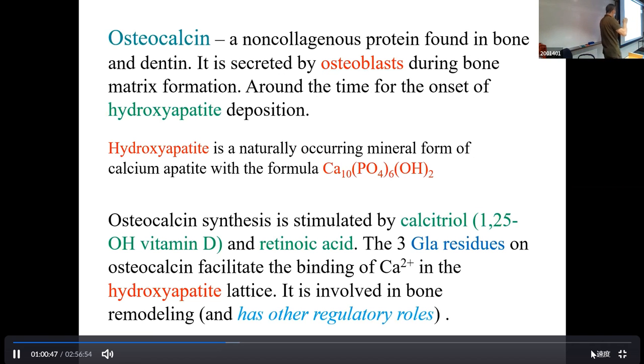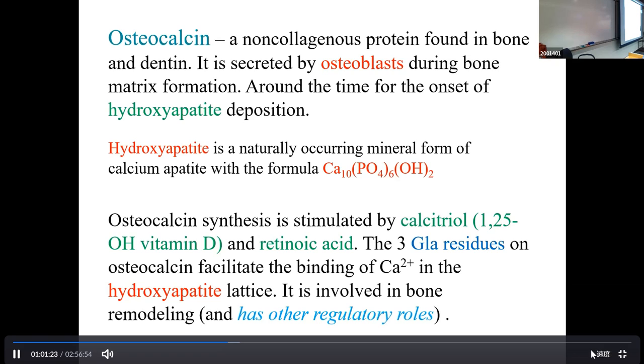Now comes yet another very important point. I'm introducing to you another protein. This is not a cell, this is a protein, osteocalcin. Anything that starts with the word osteo refers to bone. Osteocalcin is a non-collagenous protein found in bone and dentin, secreted by osteoblast.